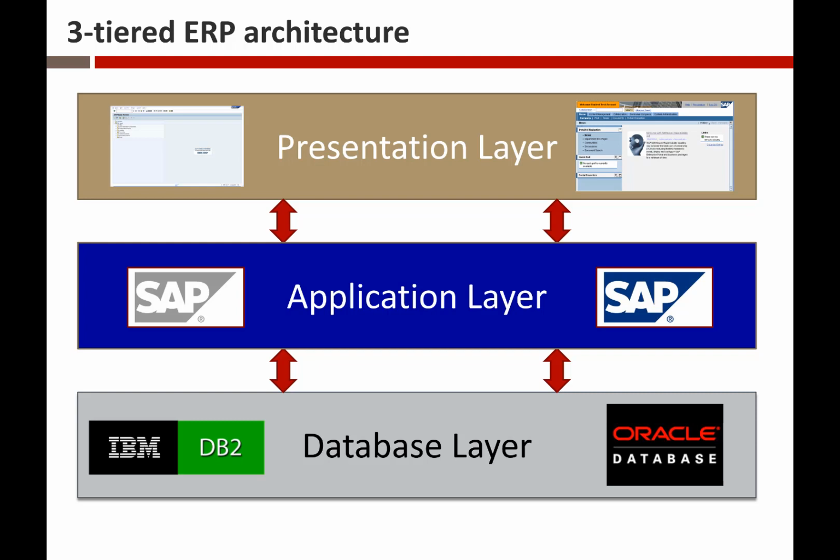You perhaps should know from things that you have talked about in other classes that SAP ERP and really all of the products that make up the SAP Business Suite are three-tiered architecture. You have the presentation layer, which is what the end user interacts with. You can see I have a screenshot of the SAP GUI there on the upper left, and then here on the upper right is a product that exists, but it is so not marketed anymore that it might as well not exist.